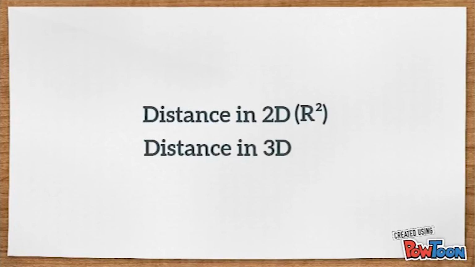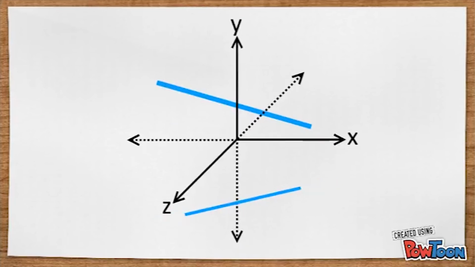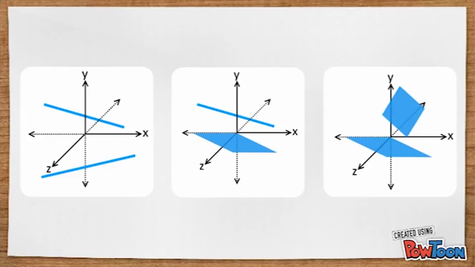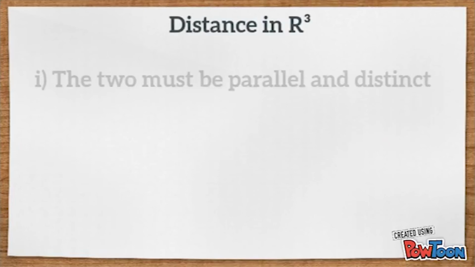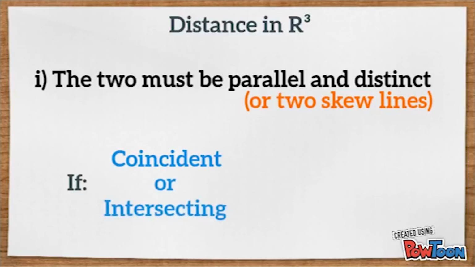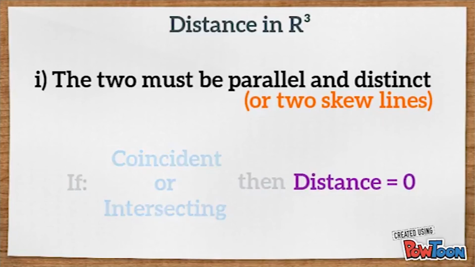What about in three dimensions, R3? What if there are two lines in the third dimension, or one line and one plane, or two planes? To find the distance in these three cases, there are just a few things to remember. First, the two objects must be parallel and distinct, or two skew lines. Essentially, if they are parallel and coincident or intersecting, then the distance will be 0.